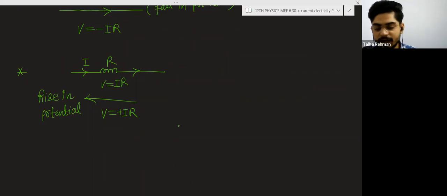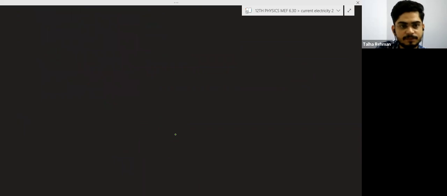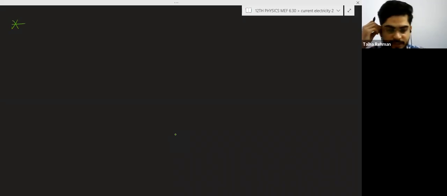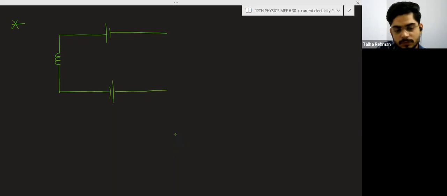Everything will be clear with this example. Suppose you have this type of connection, and here one resistance is also connected.